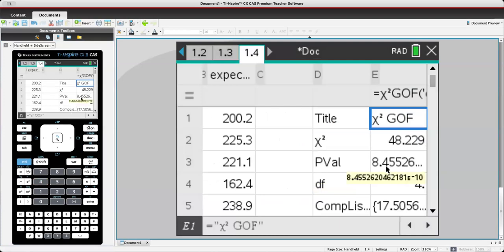And again, I got 8.455 times 10 to the negative 10 for my p-value there. Okay, it can't be 8.455 because that's not a valid probability. Let me go back and fill those numbers in.